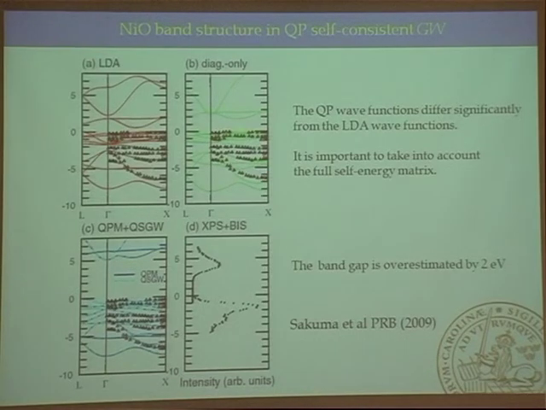What is shown here, the triangles, are results from the angle-resolved photoemission. If the zero is the Fermi energy, that's pretty flat, right? But if I go to the XPS, are the energies matched?